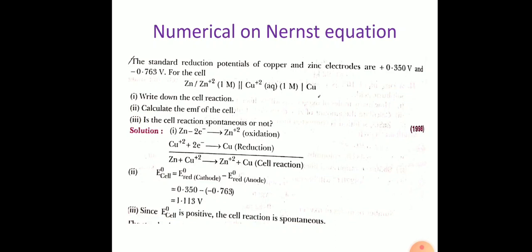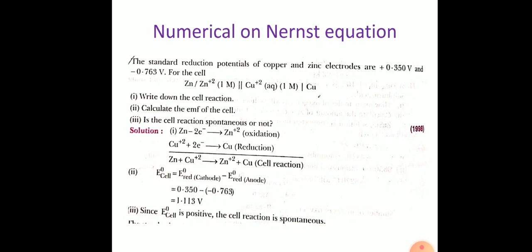For the cell, the representation is given: zinc slash Zn2 plus, that means the zinc rod is dipped in zinc sulfate solution of 1 molar concentration. Double line means there is a salt bridge, and on the right hand side we have copper dipped in copper sulfate solution, also of 1 molar concentration.